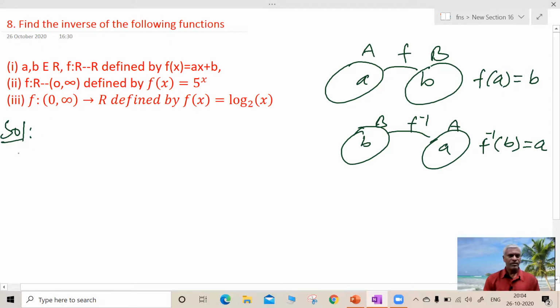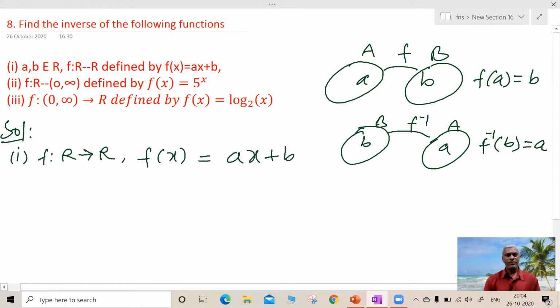Let us take up the first one, where f is a function from R to R, from real numbers to real numbers, and f of x is equal to ax plus b. So where f of x is equal to y, in place of f of x you write y.